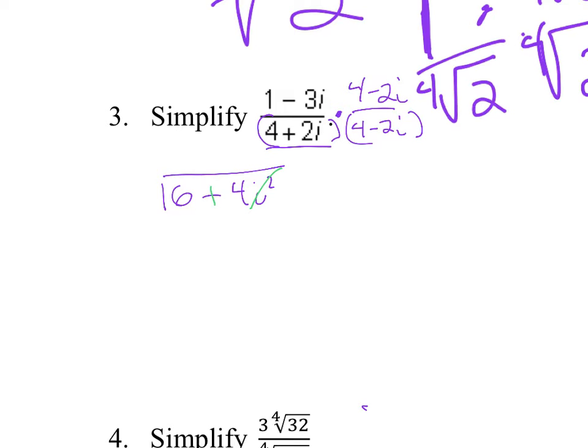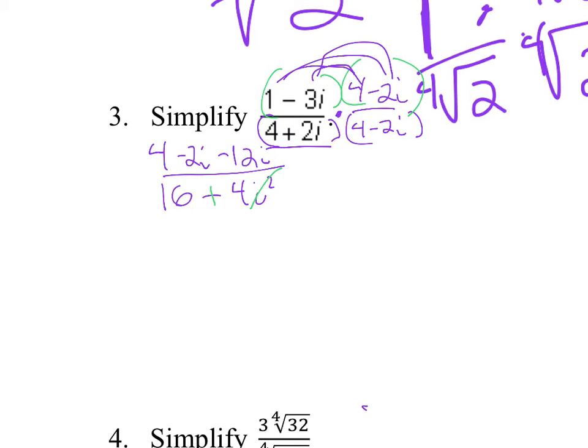All right, so now we have to look at the top. We've got to FOIL this out, right? You've got two binomials. So I end up with 4. And I end up with minus 2i. And I end up with negative 3 times 4, so minus 12i.